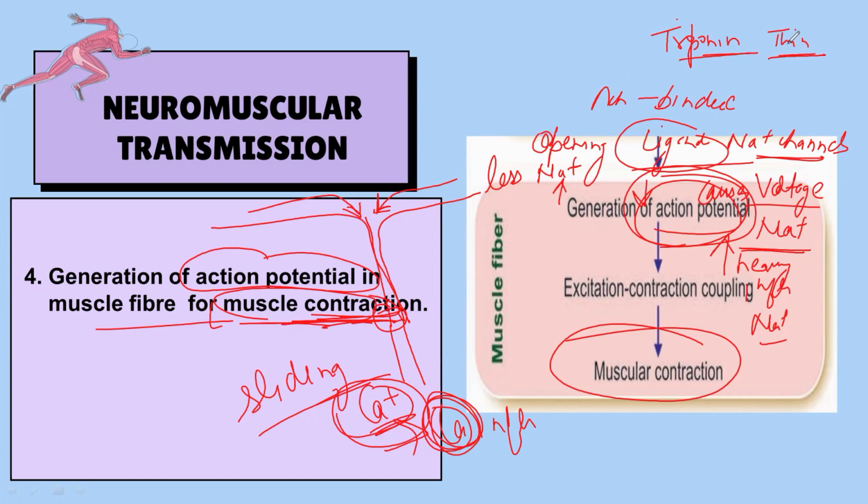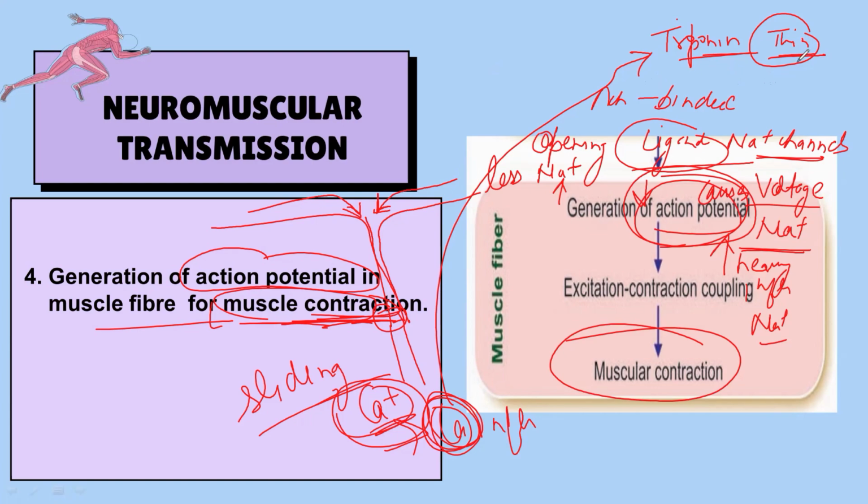In muscle fiber, we have thin filament and thick filament. The thin filament is formed by three proteins: troponin, tropomyosin, and actin. The calcium attaches to troponin and pulls away the tropomyosin, and finally it frees the active site of the actin protein.